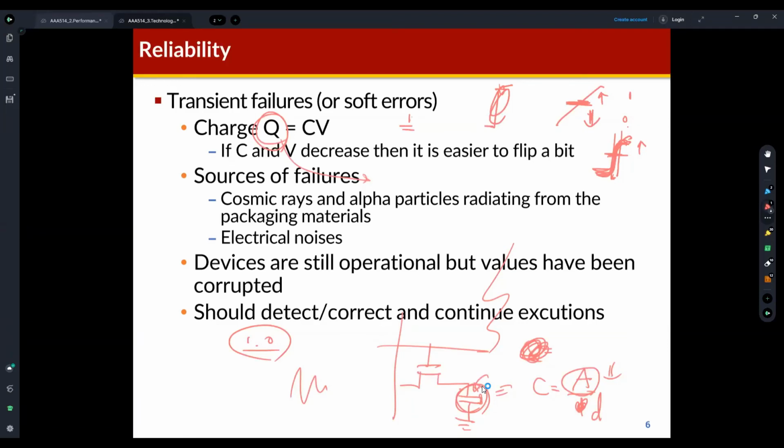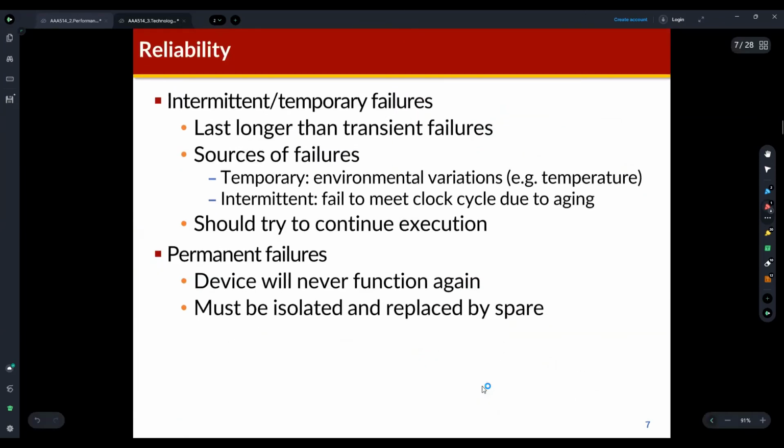That's why reliability issues are critical. So we can distinguish these reliability issues as transient failures, sometimes called soft errors, or intermittent failures, so temporary failures, or permanent failures.